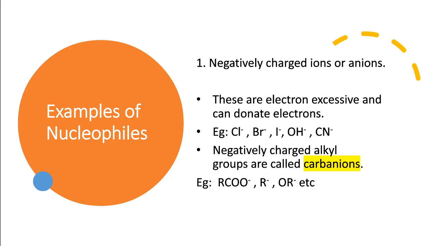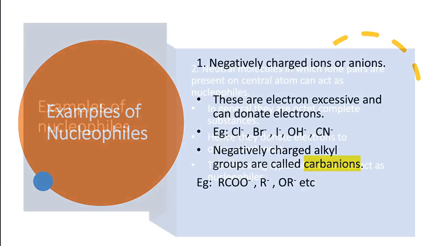Previously we studied carbocations in electrophiles, and here we are studying carbanions in nucleophiles. These also act as nucleophiles, apart from simple negative ions like chloride, bromide and iodide ions.